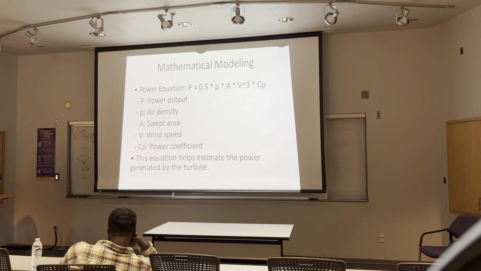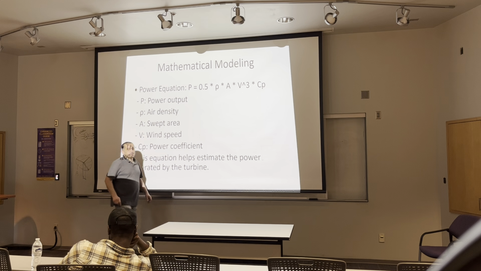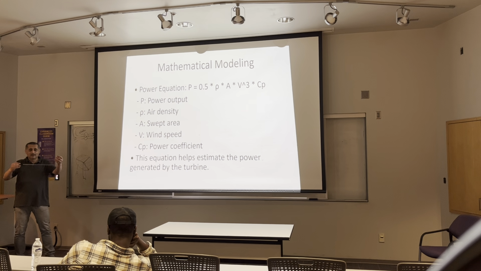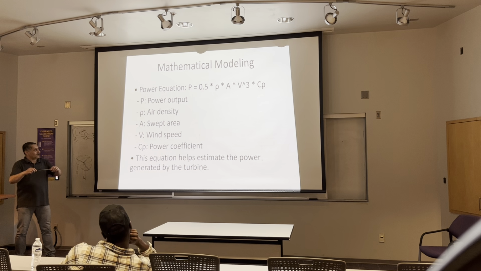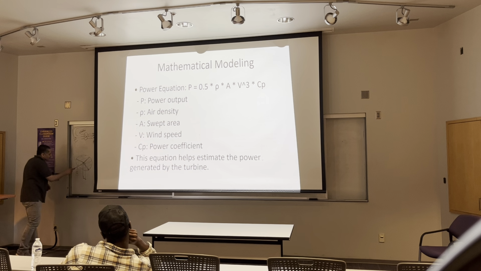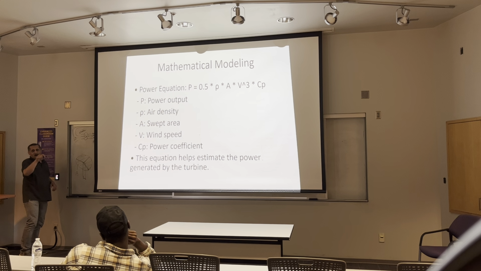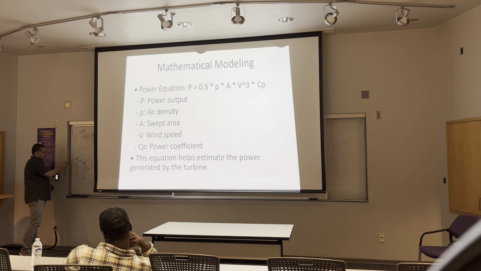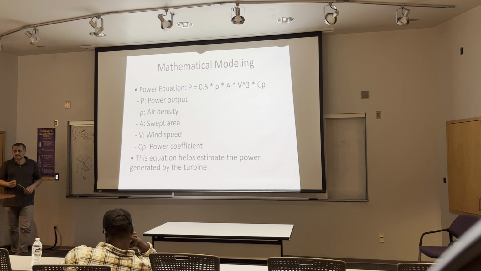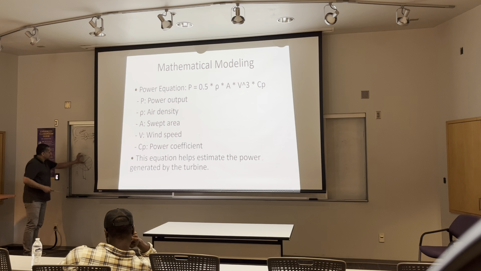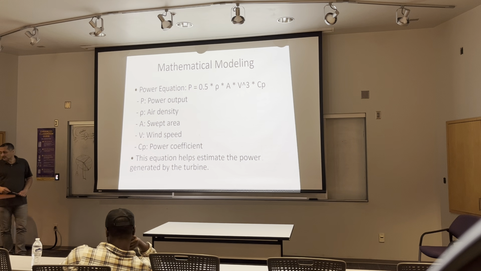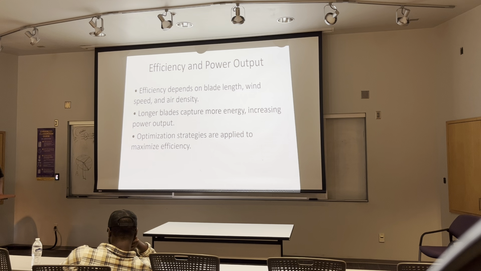Because the area A depends on the blades, 1, 2, 3. Why? Because this is approximately equal to R, the radius. Approximate, not exact. It's R. Okay, so it depends on this. This is the efficiency.